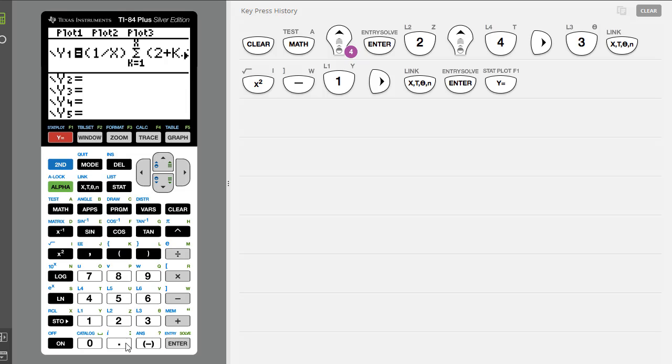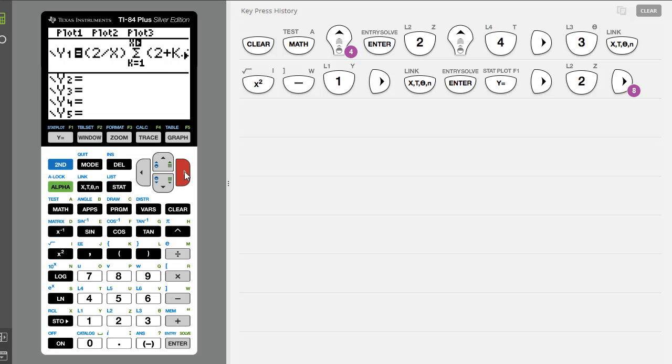Okay, so just as a check, we want to make sure that what we've come up with as the expression for the Riemann sum gives us the same thing. So we'll go back to y equals, and we're going to put in the expression. I'm going to do 2 over x. Remember, for n we're using x, so that it'll be easy for us to plug those in. So just 2 over x, that was our width. We've got the same summation, k equals 1 to x.